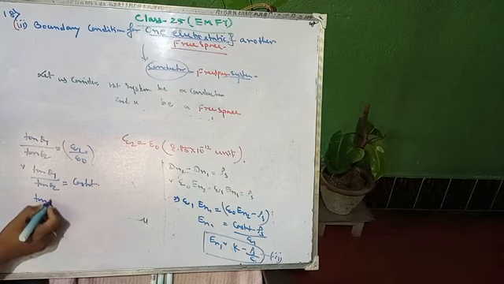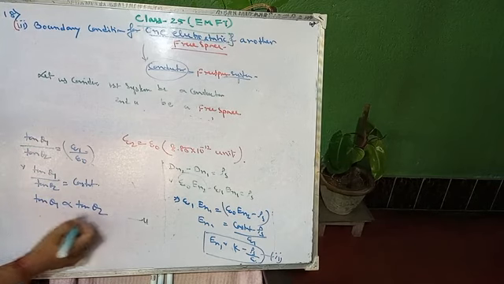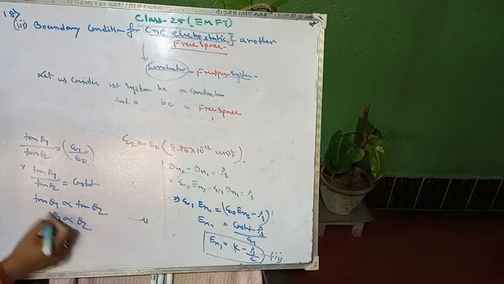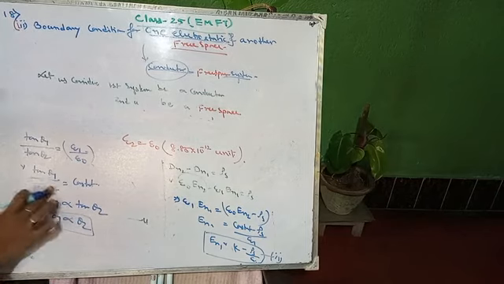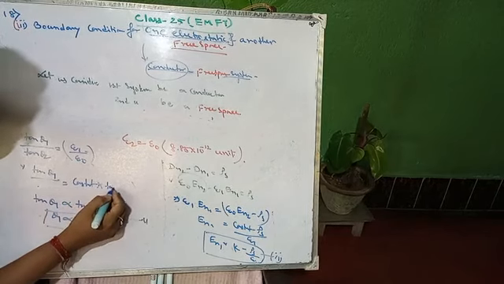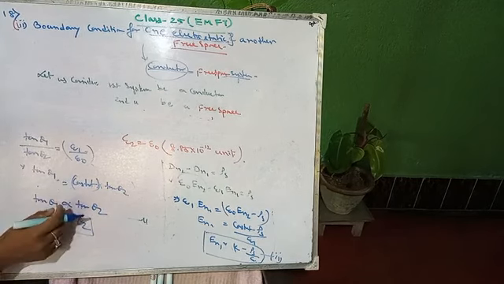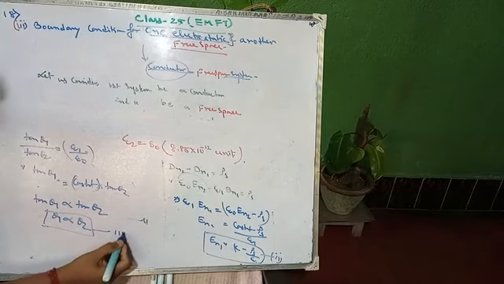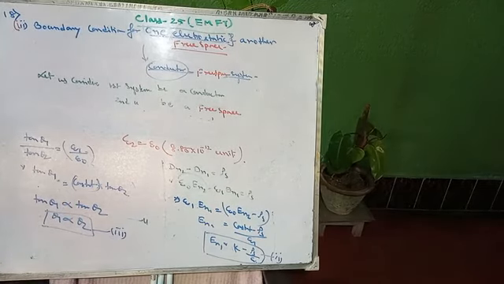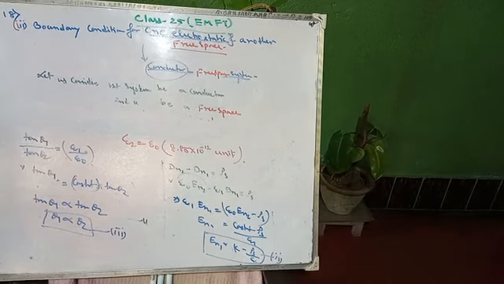So if tan theta 1 is proportional to tan theta 2, that means theta 1 is proportional to theta 2. Because this is a multiplication constant, taken outside, it becomes a proportional sign. So this is your third condition. These three conditions are for your conductor free space part, and this is your 18th topic.